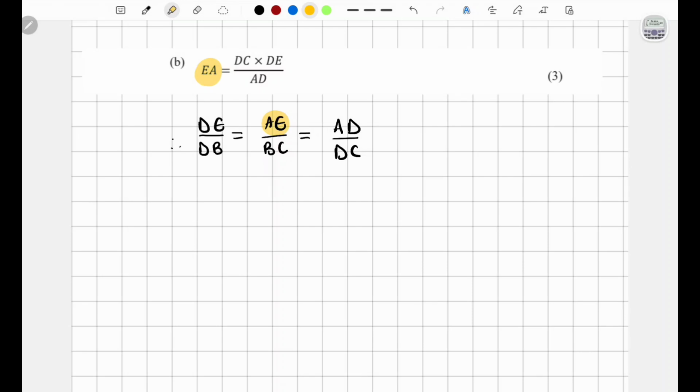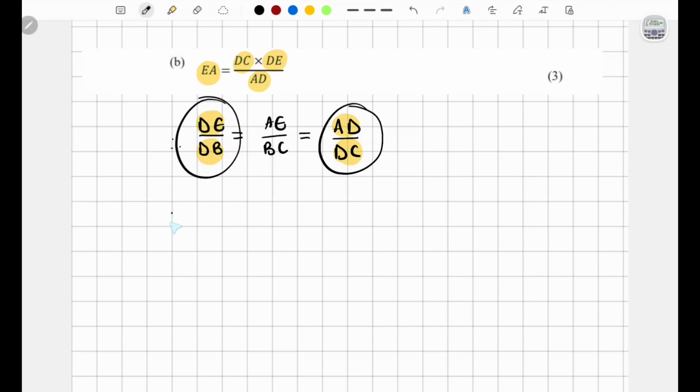They also have DC and they have DE, which is here. But we know that AE and DB are equal. And you see that they have AD as well. So the only other thing that I don't have highlighted here is this AE, which I know is equal to DB. So that's not a problem. Clearly in this one, they're just using this proportion and that proportion.